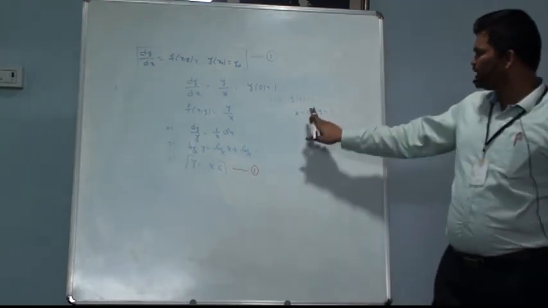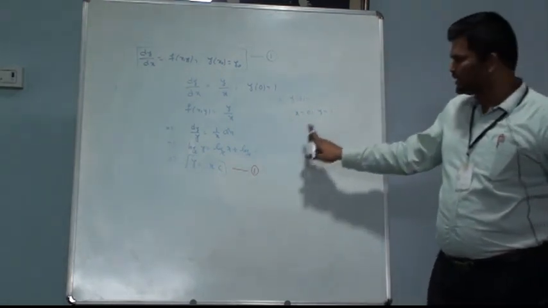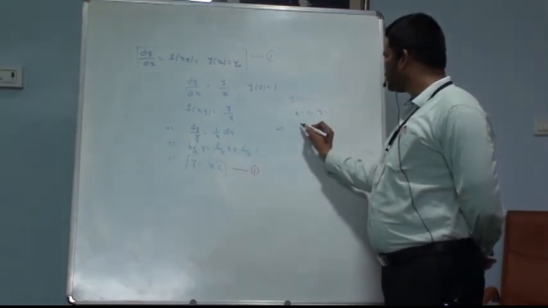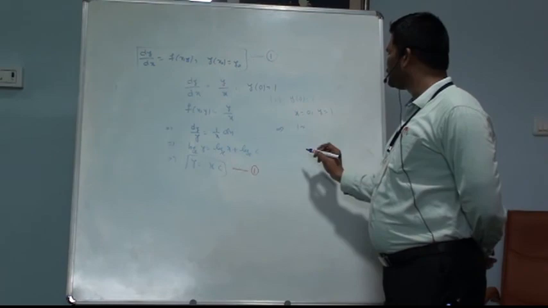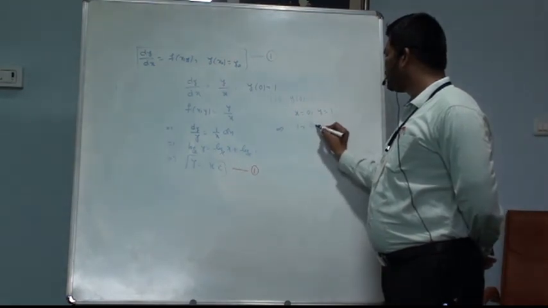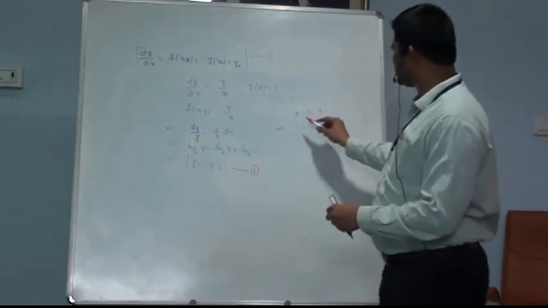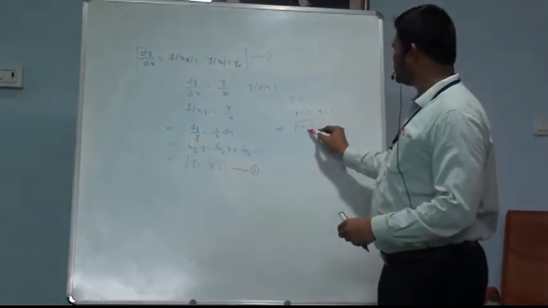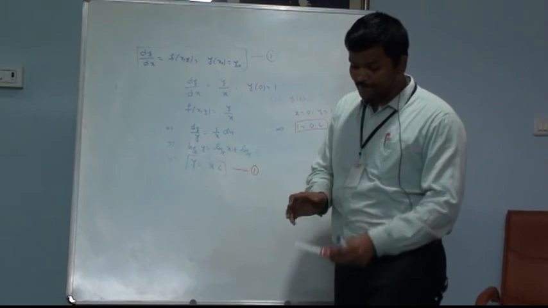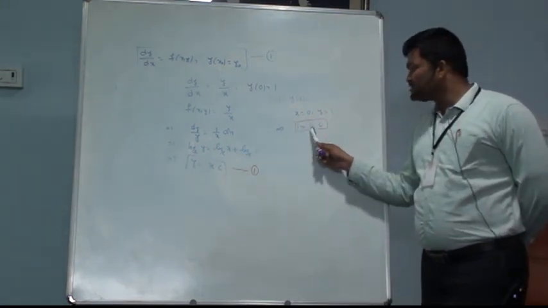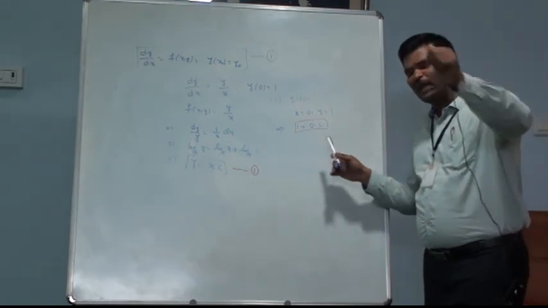Let us substitute x is equal to 0, y is equal to 1 in the general solution. So 1 is equal to 0 into c. Now children, it is a very important point. Left hand side is 1, right hand side is 0 into c. For what value of c?